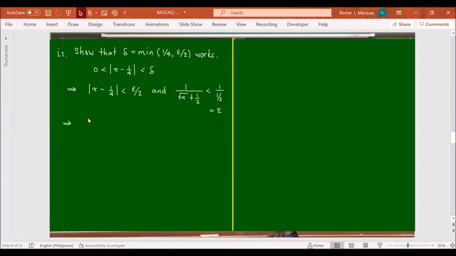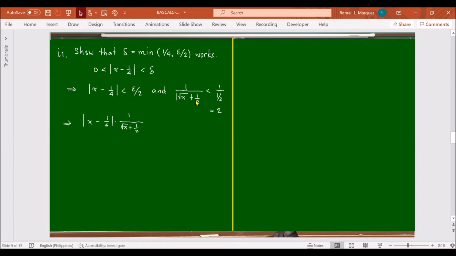So we now have here the absolute value of x minus 1/4 times 1 over square root of x plus 1/2.